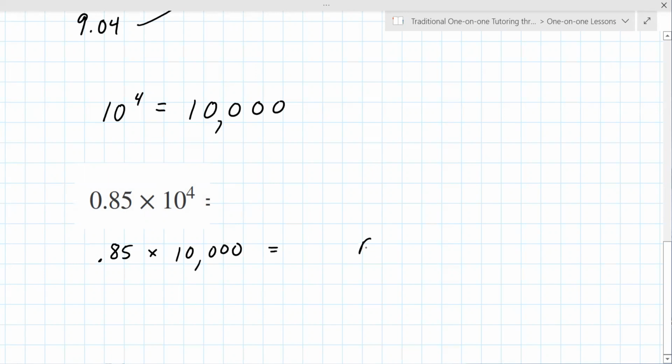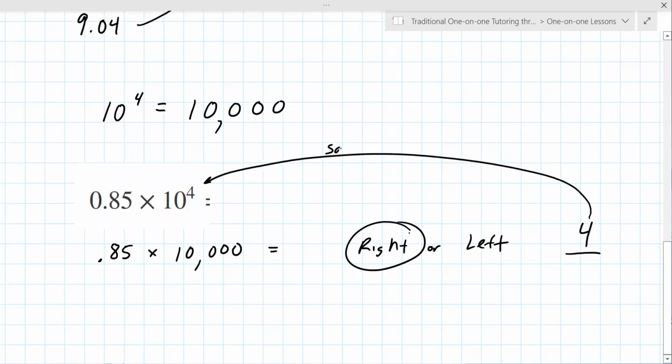And you're supposed to know whether to move the decimal right or left and how many places. Can you tell me that? Move to the right because we're multiplying. And 4 zeros. Notice that 4 is the same as the exponent. That's important because you don't want to have to write the number out.